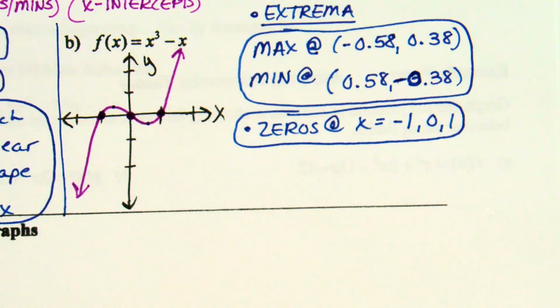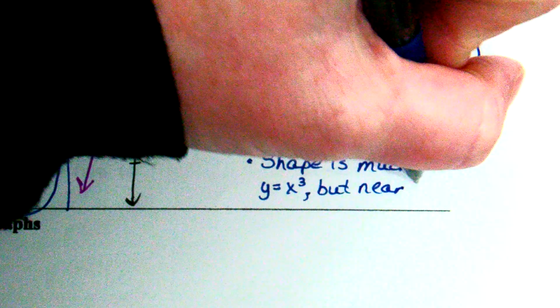And this time, but near the origin resembles y equals negative x. So shape is much like y equals x cubed, but near the origin resembles y equals negative x.